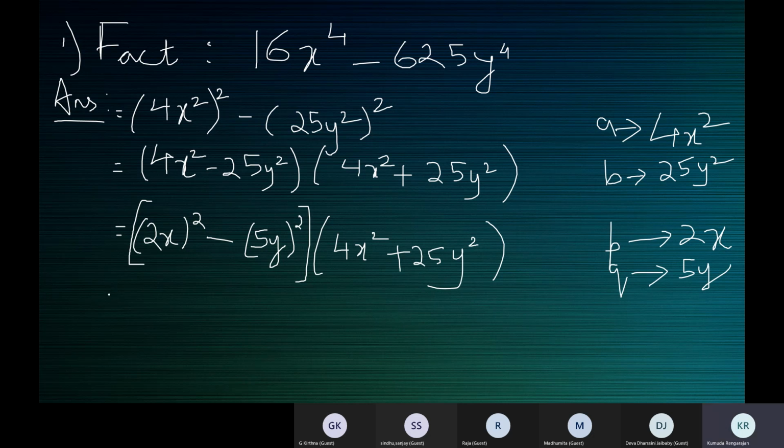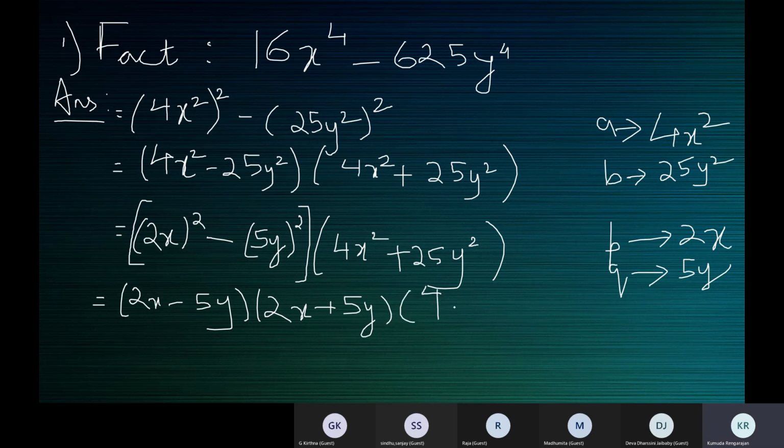So this is p plus q into p minus q. This is p minus q into this is p plus q. And write the last bracket 4x square plus 25y square as it is.